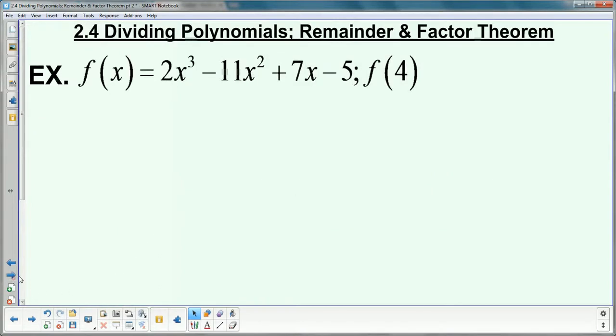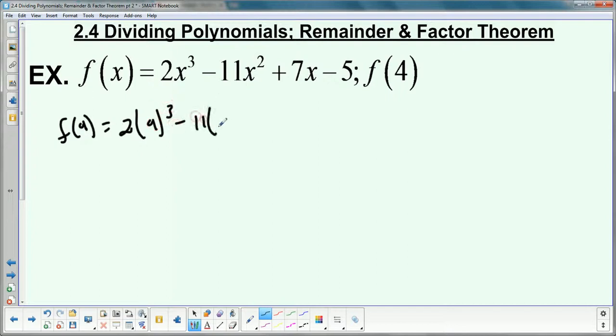An example of that: if I have f of 4 here, I can plug in f of 4. So I'm going to have 2 times 4 cubed minus 11 times 4 squared plus 7 times 4 minus 5. If we plug that into our calculator, that would give me negative 25, as long as I did the math right.